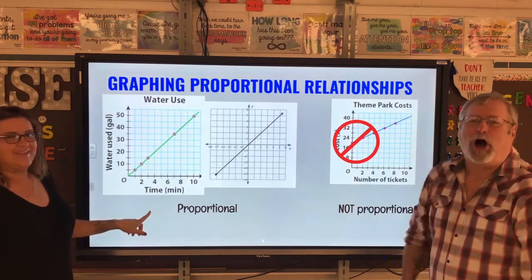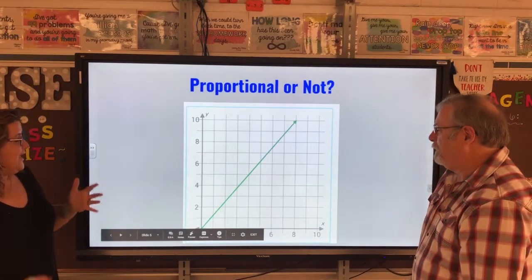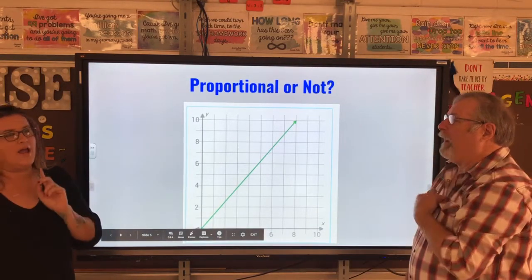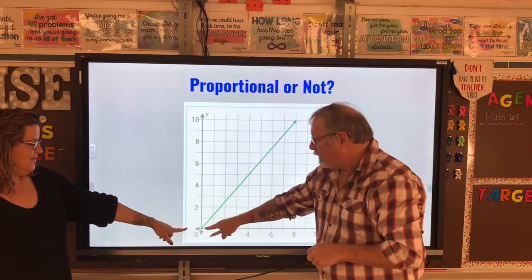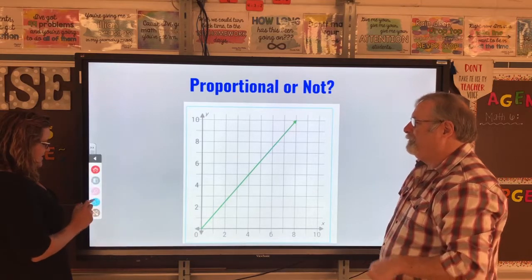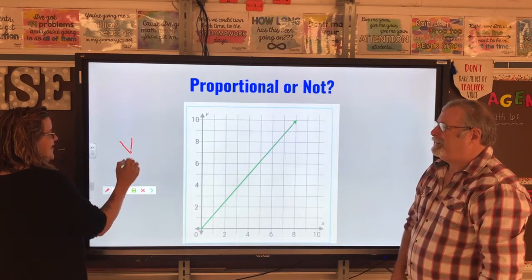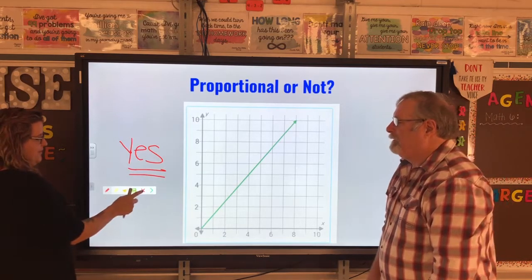All right, so is this proportional or not? Well, it starts at 0, 0, and that's as straight as they come. So we would say yes, it is a proportional relationship.